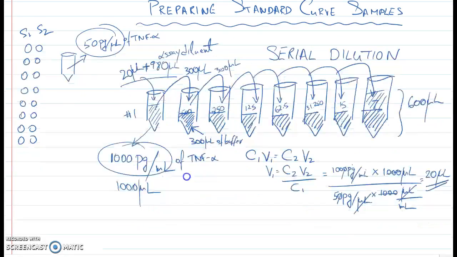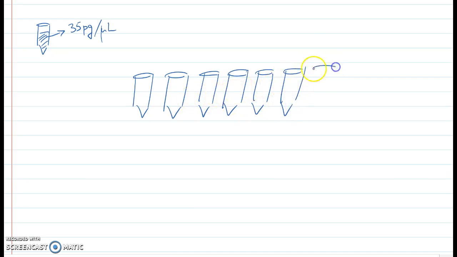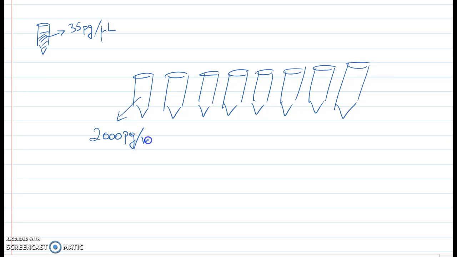So let me give you an example. Let's say what you have as a stock concentration for TNF-alpha is 35 picograms per microliter, and you are asked to prepare 8 different dilutions starting with 2000 picograms per ml.